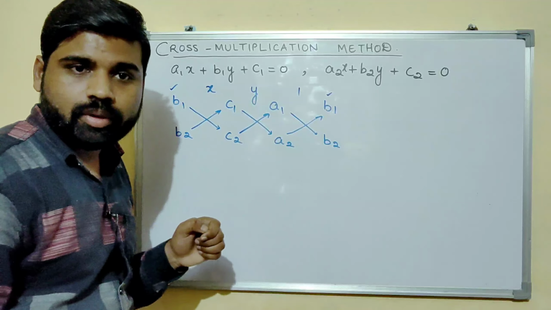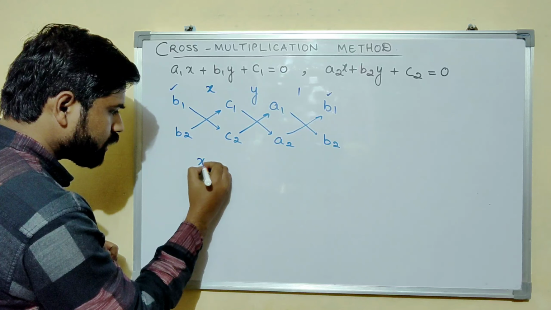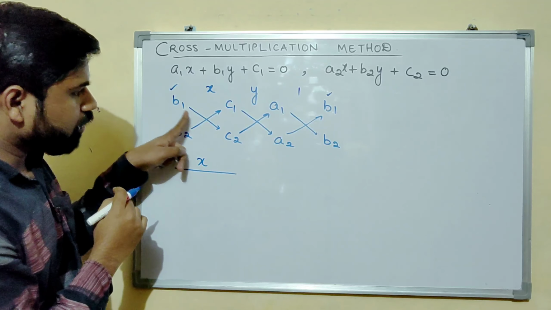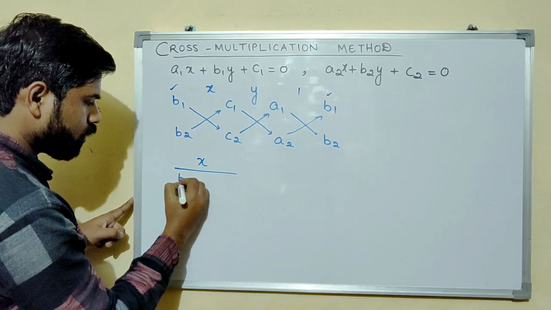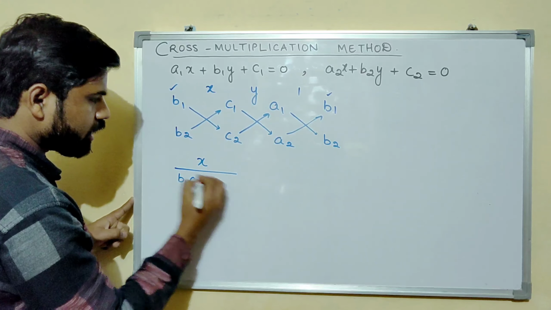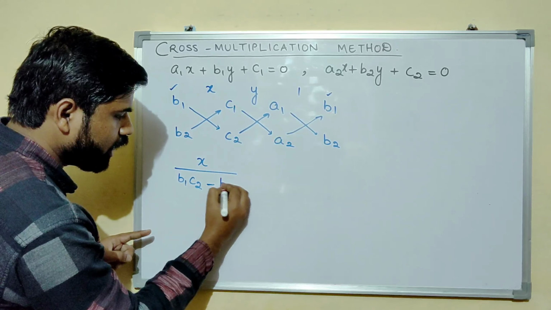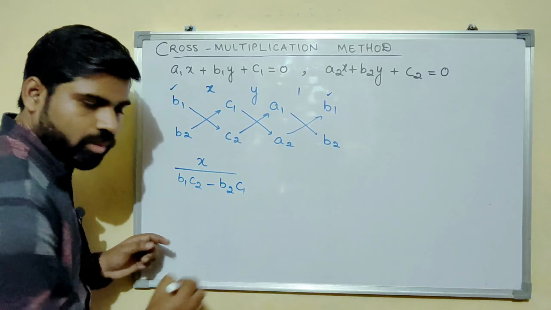Now how to write? Just write in the format like this: x upon b1 into c2 minus b2 into c1. Don't remember the formula which I am writing. We will solve the equations by doing like this only.